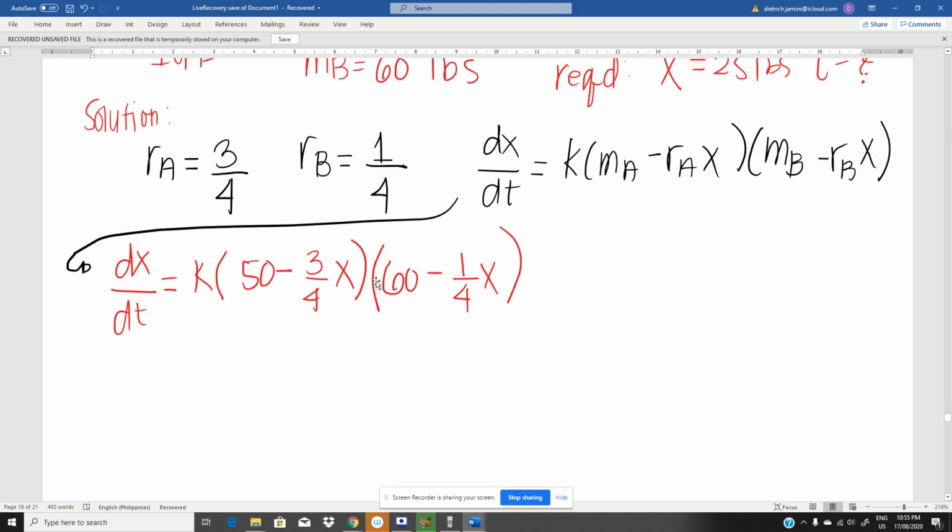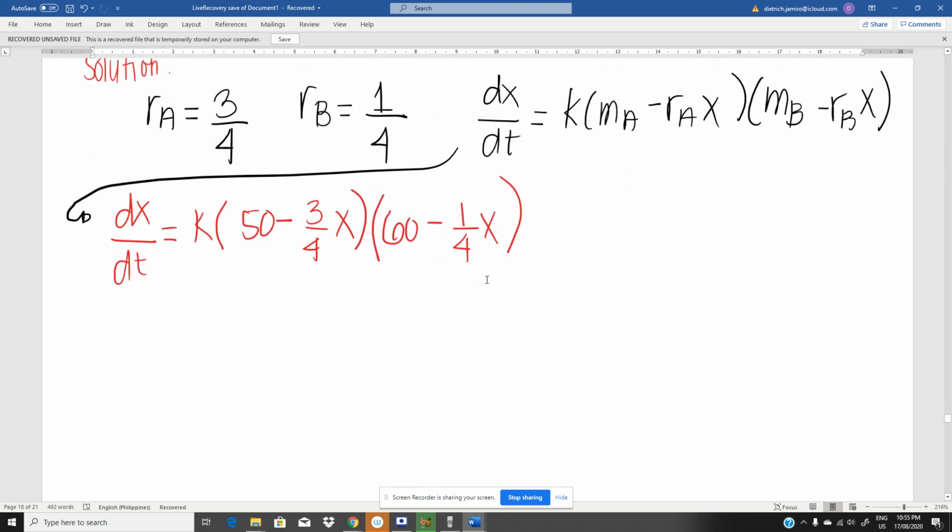So first, factoring: first factor negative 1/4.